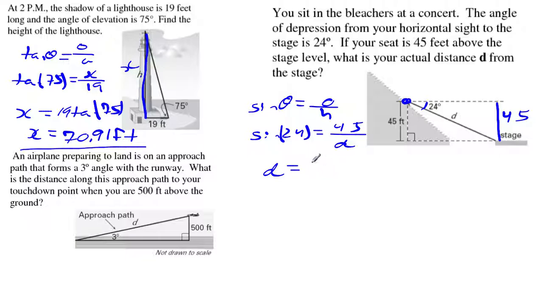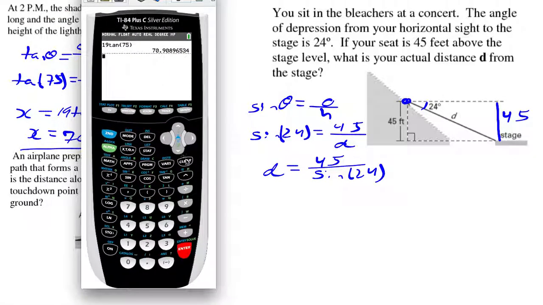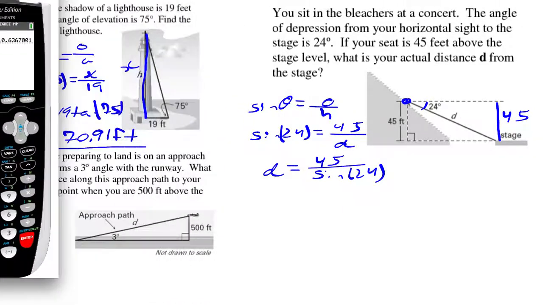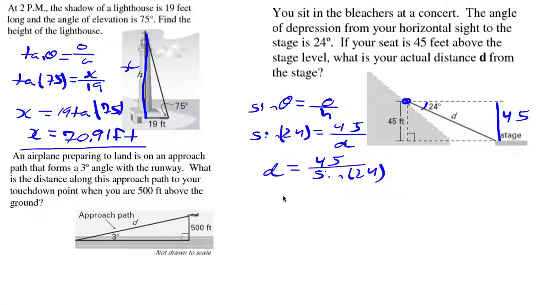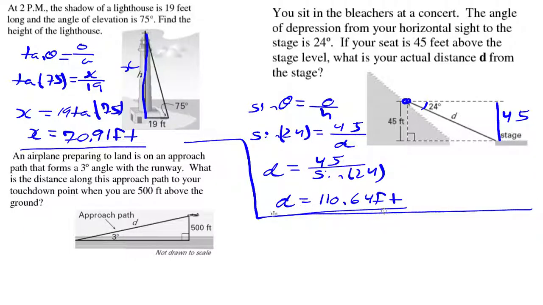So d is equal to 45 over the sine of 24. Okay, and so we do 45 divided by the sine of 24, which is 110.64. So this is equal to 110.64 feet. And that is our answer.